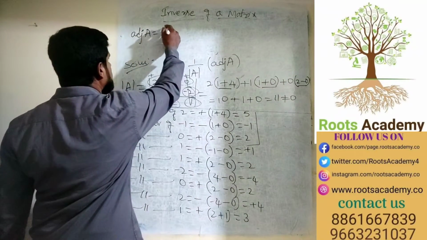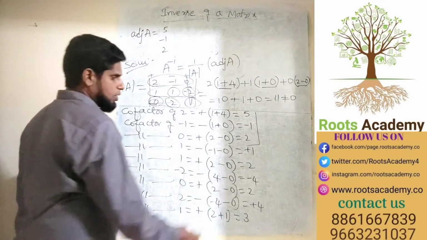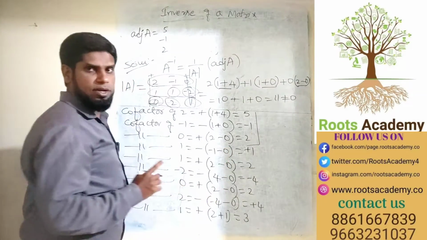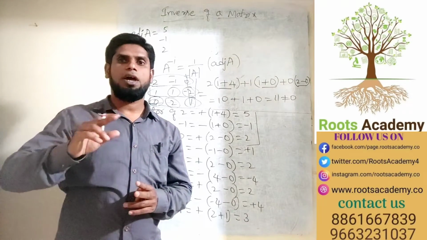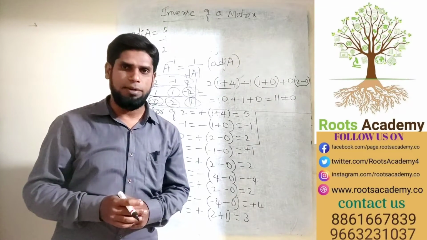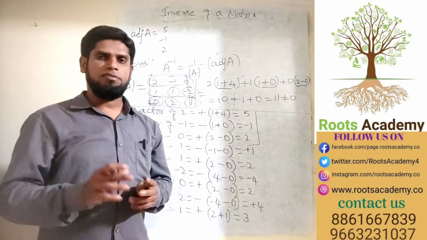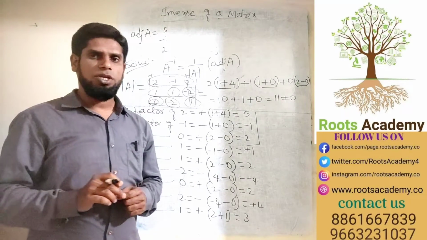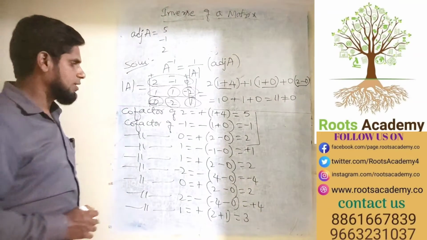So the first column is 5, minus 1, 2. Directly I am writing the adjoint matrix without writing the cofactor matrix, because if I write the cofactor matrix, then I should take the transpose in the next step. That is my adjoint. So here I would be wasting my time by writing the cofactor matrix. If I directly write like this, I can save one step.